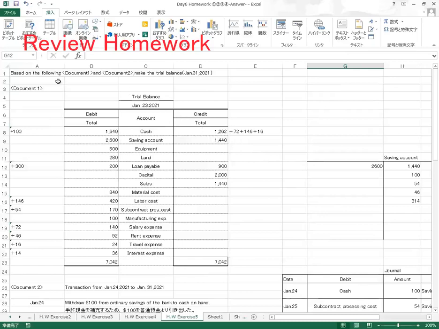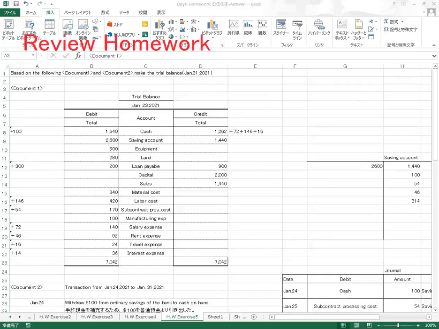Based on the following document 1 and document 2, make the trial balance. January 31, this is the end of the month.